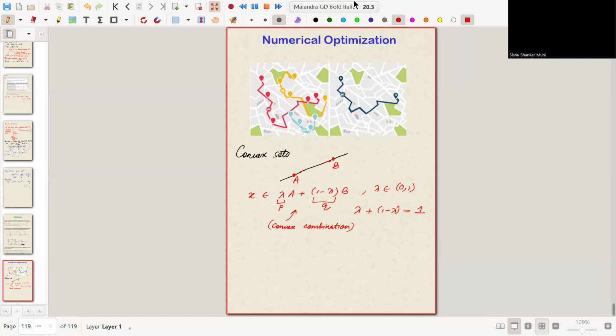So what I will do, need 1000 points in between A and B, then you can generate 1000 random values of lambda in between 0 and 1, and you will generate 1000 random points in between A and B. Is it intuitive?